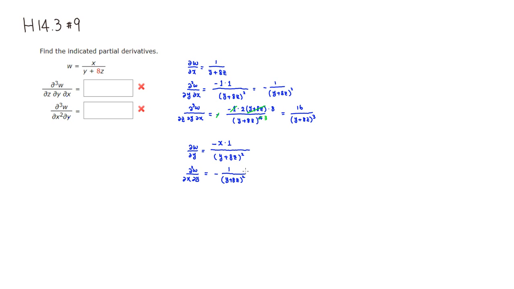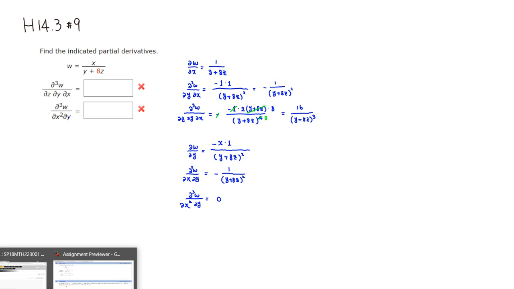So you just get that. Then you have to do the partial with respect to x again. So partial with respect to y first, then with respect to x twice. But you can see that there's no x, so it is a constant. So the partial with respect to x is going to be 0.